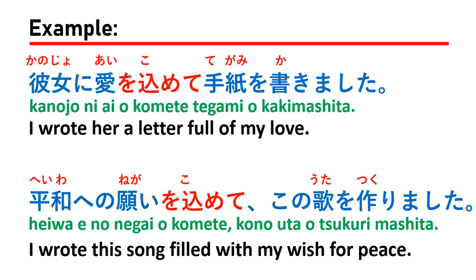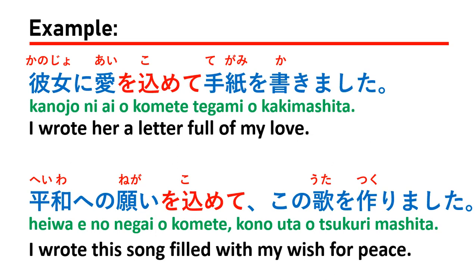Komete means filled with, or full of, right? So here it means you feel full of your wish for peace. Heiwa means peace, so you put your wish to the peace. この歌を作りました.